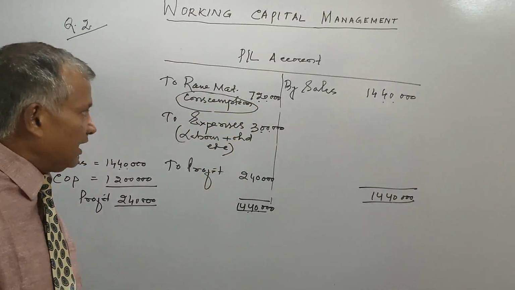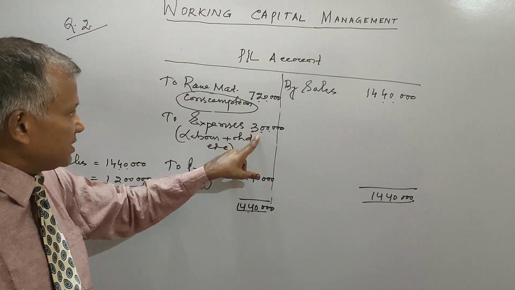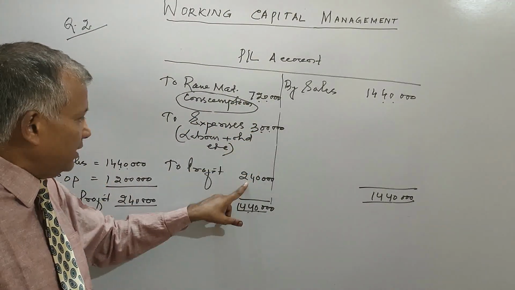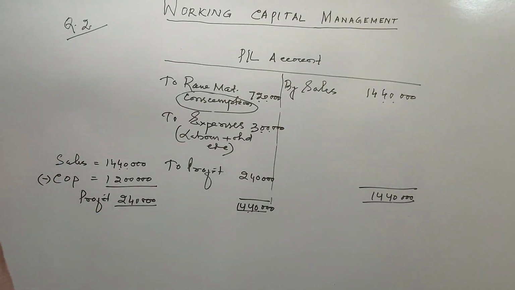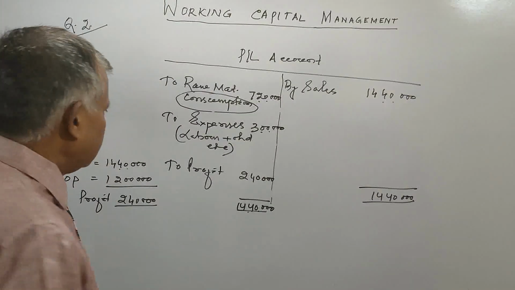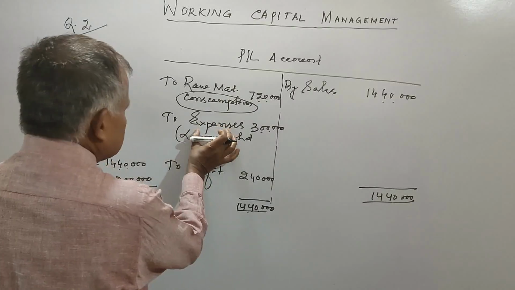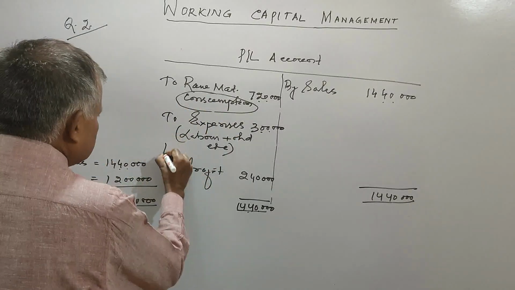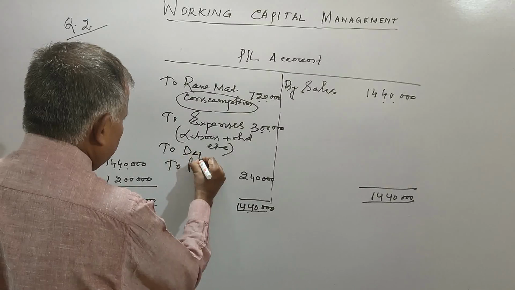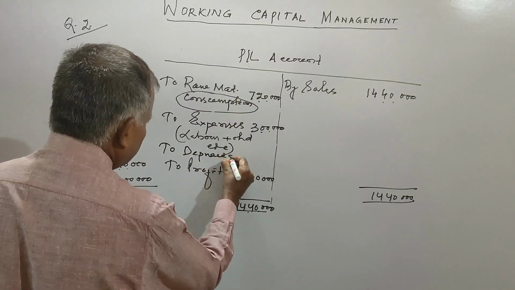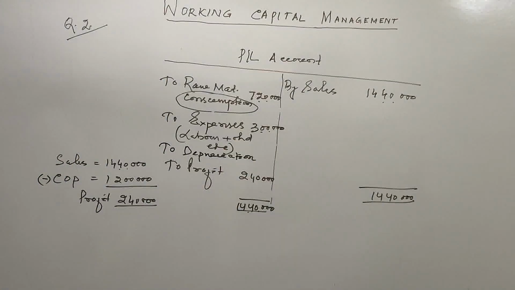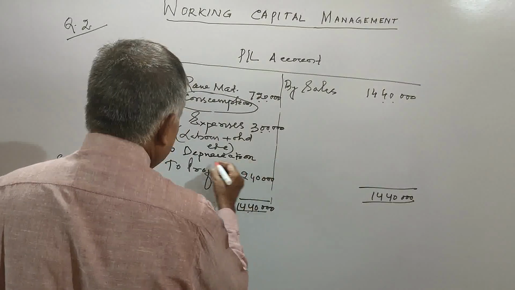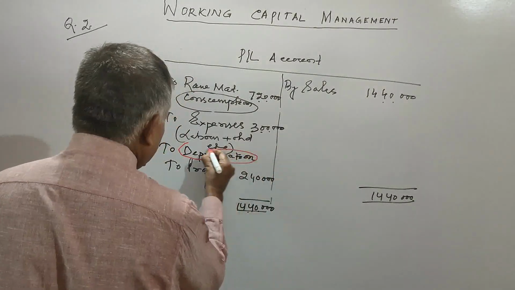Friends, this is not tallying. 7,20,000 plus 3 lakh is 10,20,000, and this is 12,60,000 in total. That means this is a cash expense. There is a non-cash expenditure here, that is your depreciation. This depreciation is a non-cash expenditure which is hidden in the problem. They have not given it to you.